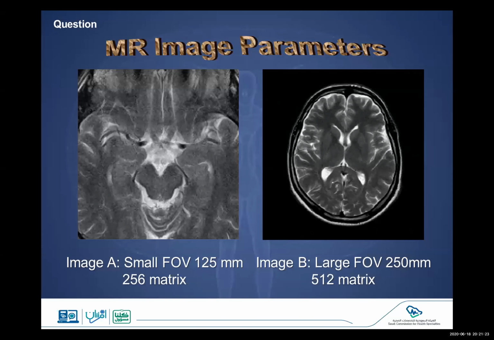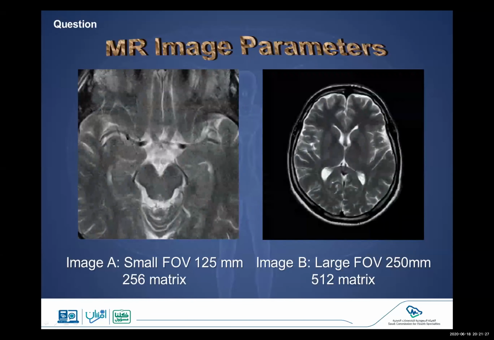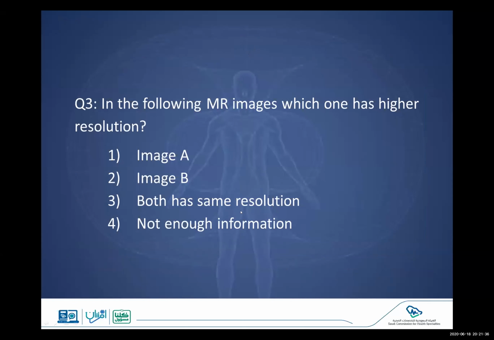We did not say the thickness, for example, is 2 millimeter, 3 millimeter. If this image has a thickness of 5 and this has a thickness of 1 millimeter, our calculation is wrong. So we have to know, again, the slice thickness. So the correct answer is not enough information. We have to know the slice thickness so we can tell which one has higher resolution.